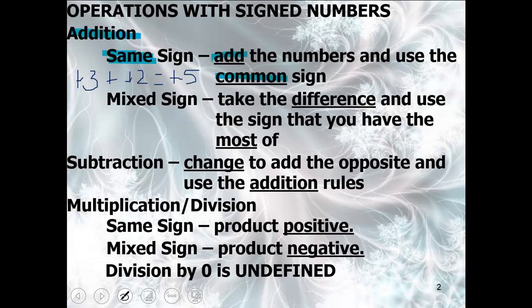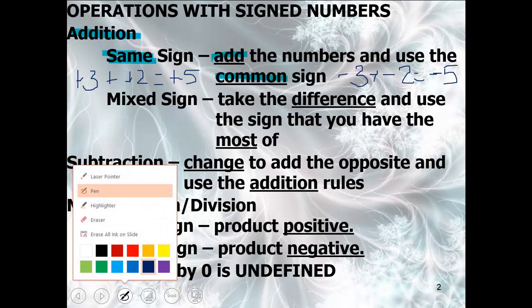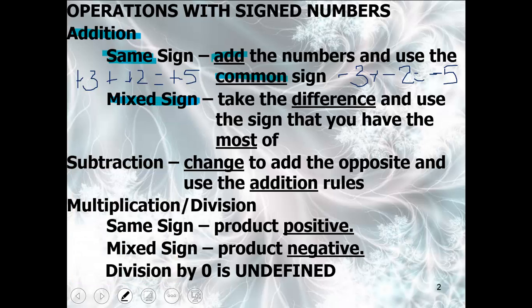If I wanted to do negative 3 plus negative 2, they're both negative, so I add 3 and 2 and use the common sign, negative 5.